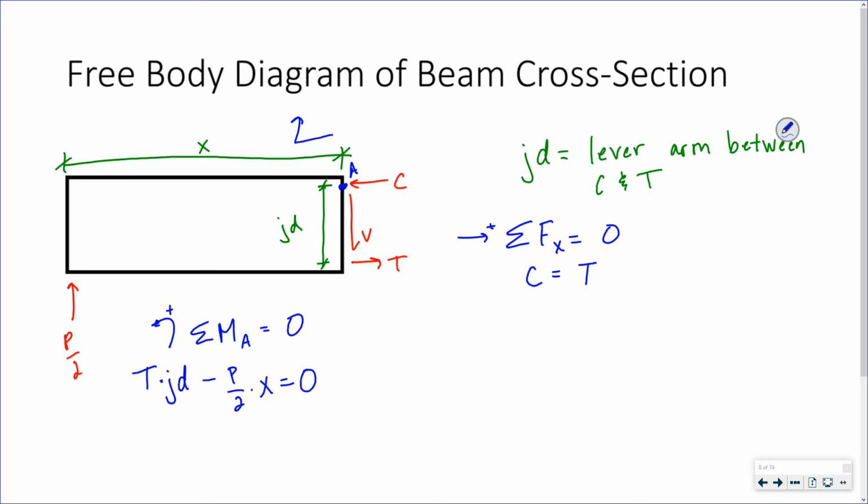If I choose a point B coinciding with my tensile force, the sum of the moments about B is 0. I don't have to worry about T because it's coincidental with point B. Same thing with the shear force V. So I have C times JD acting counterclockwise, so it's positive.